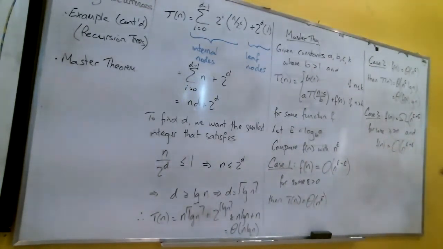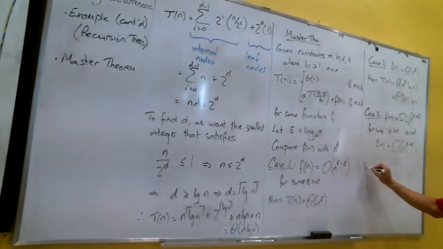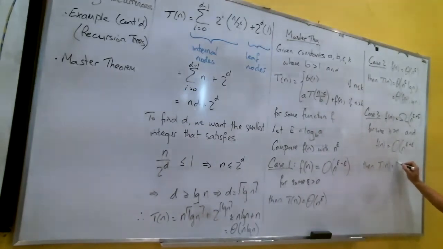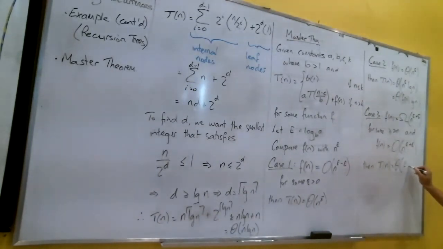So if you can sandwich f of n between n to the e plus a little something and n to the e plus a bigger something, then you're in case 3. And what the master theorem says is that T of n is theta of f of n.